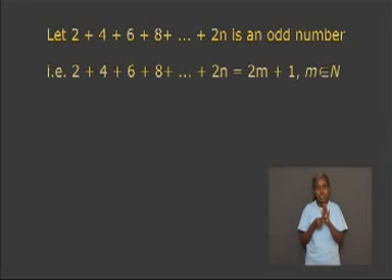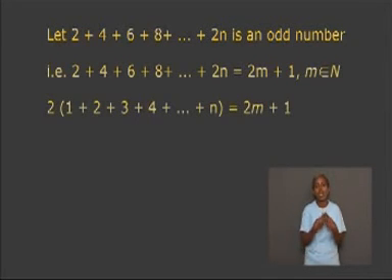This means that 2 plus 4 plus 6 and so on, plus 2n, is an odd number. We can factor out a 2 from this equation, giving us 2 times the sum of 1 plus 2 plus 3 plus 4 and so on, plus n, equals an odd number.